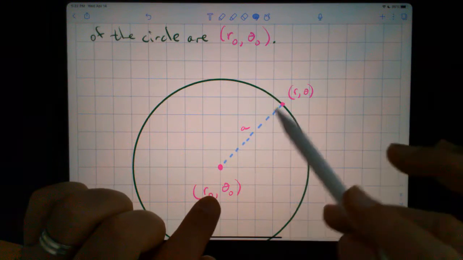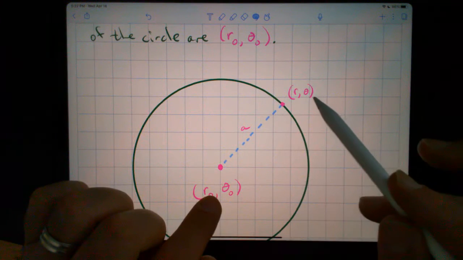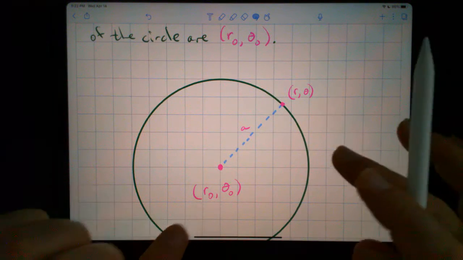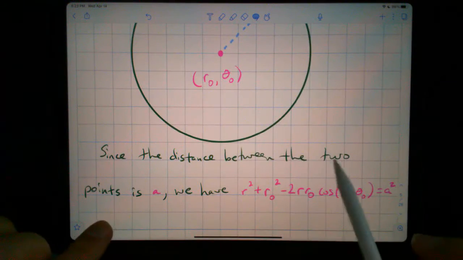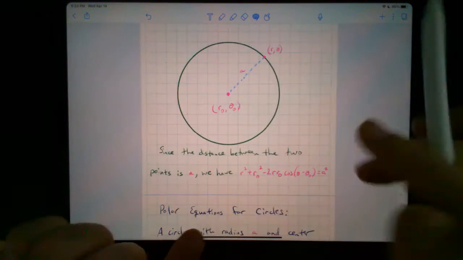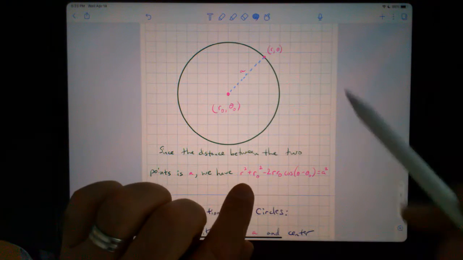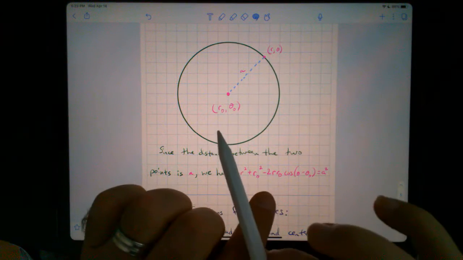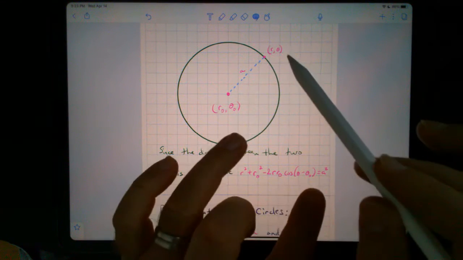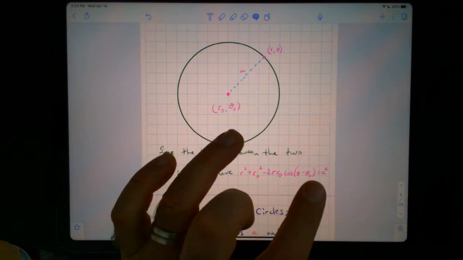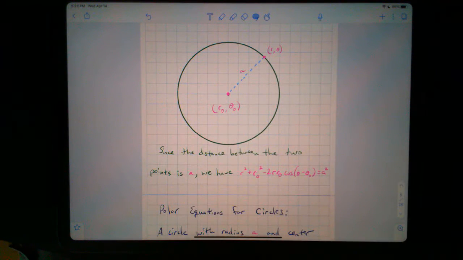It has a radius of a, and it's going to go out to some point (r, theta). Here, since the distance between the 2 points is a, we have r squared plus r naught squared minus 2 times their product times cosine of the difference of the angles is equal to a squared, from the law of cosines.